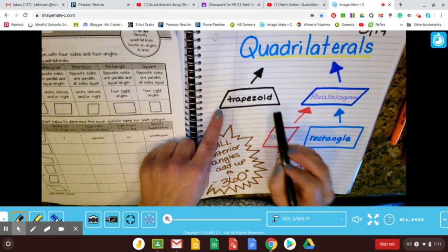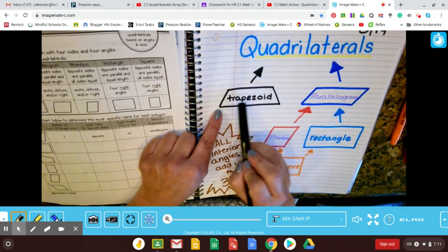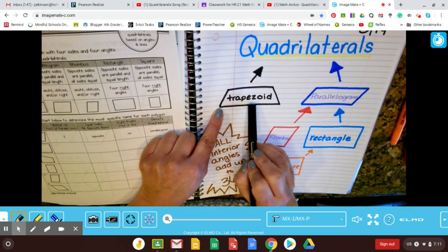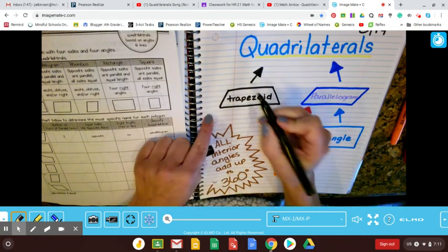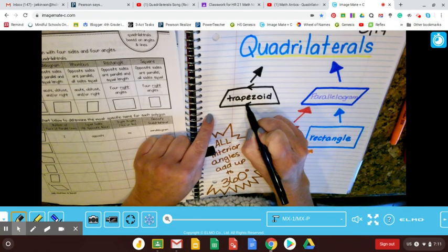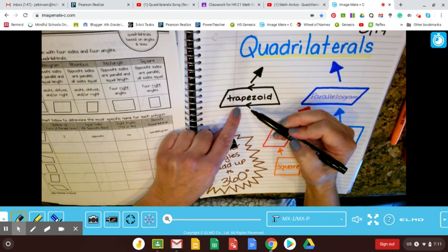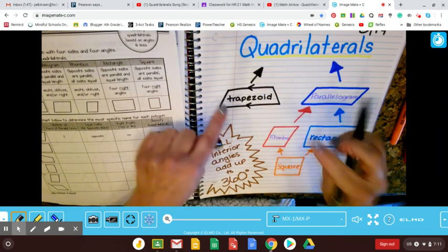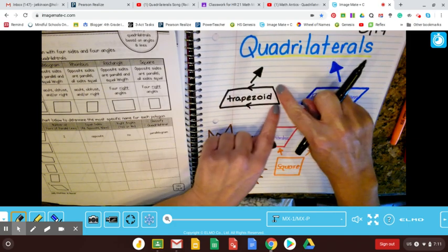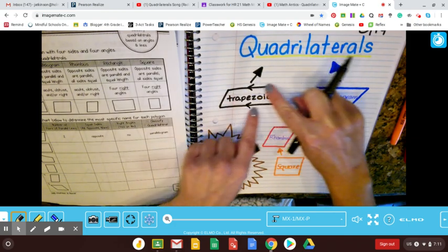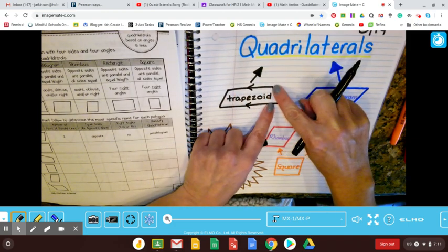So if you have a quadrilateral where only one side or one pair of parallel lines exists, and sometimes they go like this to show parallel, they only have one pair of parallel lines. You can see how these lines right here will never intersect. They're running opposite of each other.